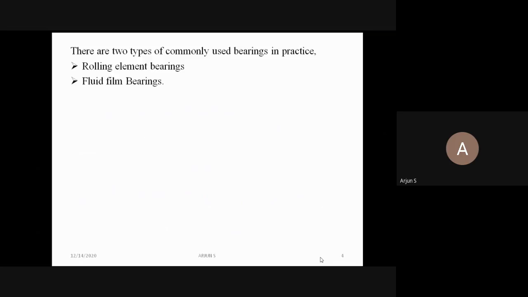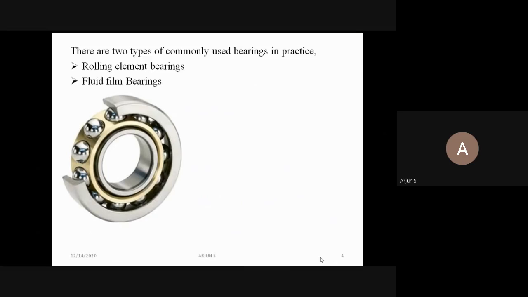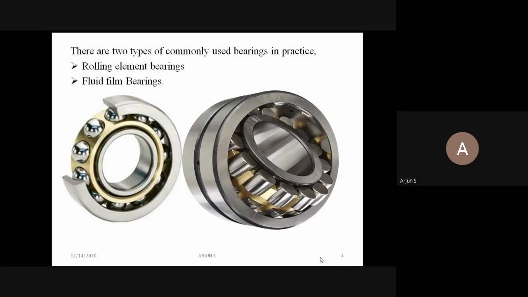As I told, there are commonly two types of bearings in practice. Generally used bearings are rolling element bearings and fluid film bearings. We can have a look at a diagram of a general type of bearing here. So these are ball bearings. This is our bearing structure. Usually this is a journal and this is a bearing.